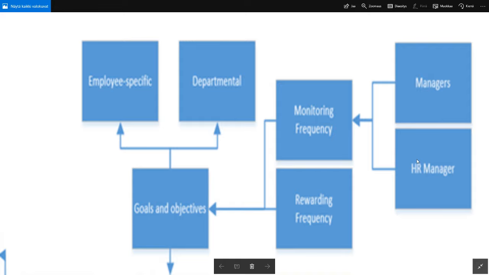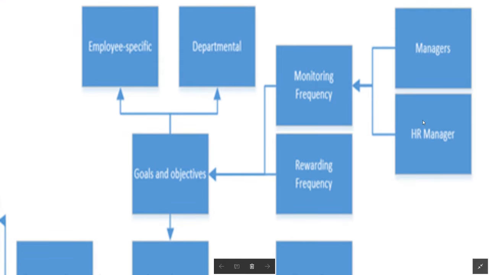And then the HR manager has the responsibility to balance the whole system out. It's a huge responsibility, but then again, they are the best inclined to keep the different departments in check vis-a-vis another department's rewarding history.